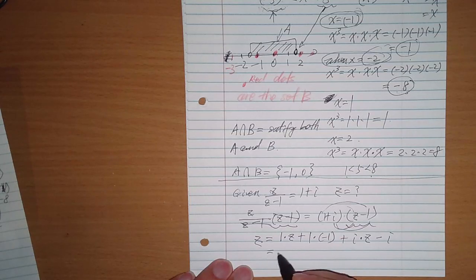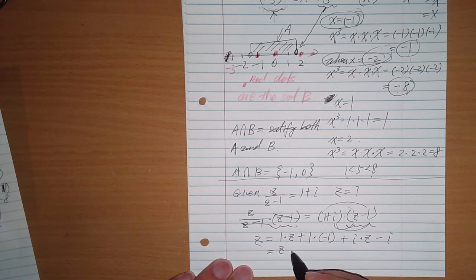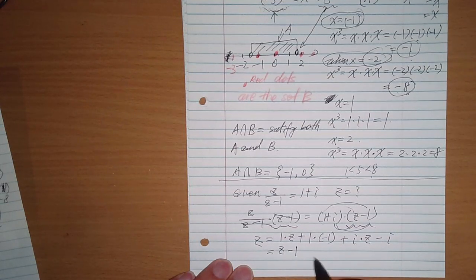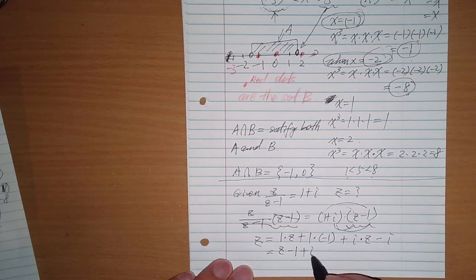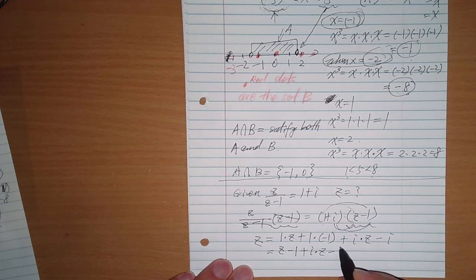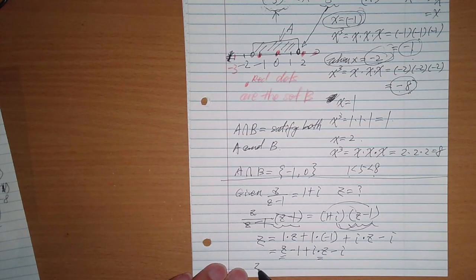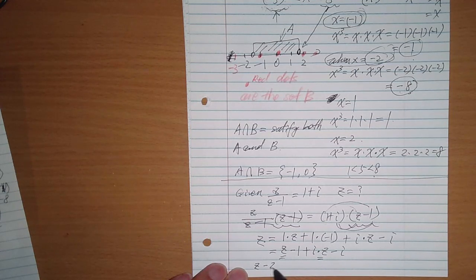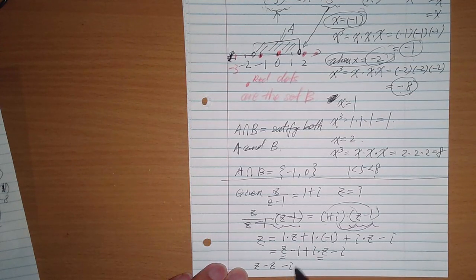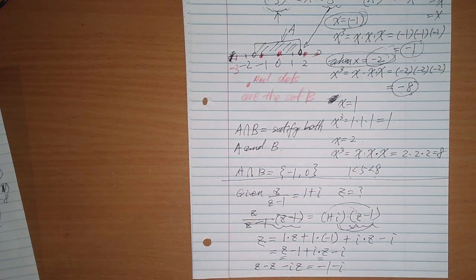Then we simplify this a little bit, so it would be z subtract 1 plus iz subtract i. And then we put everything that contains z on one side, so it will be z subtract iz equal to -1 subtract i.